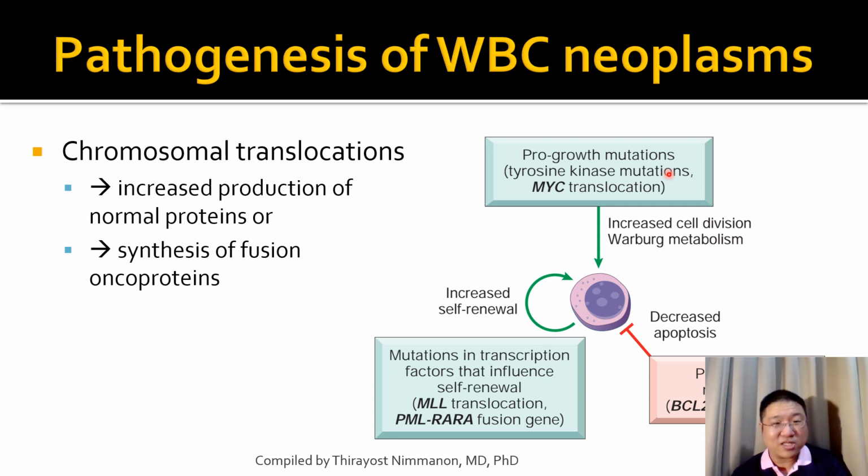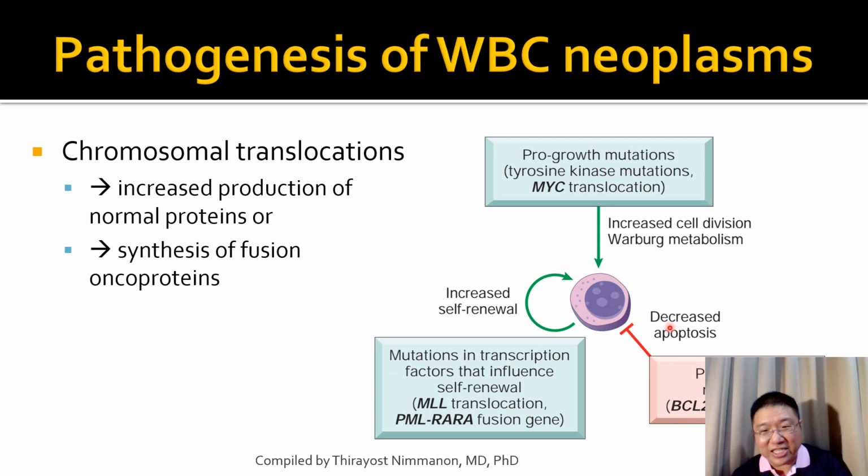B cells have to produce immunoglobulin. So when this gene is very close to the locus for immunoglobulin, MYC will be produced along with the immunoglobulin. So the tumors will have too much MYC. They will have a very high proliferation index.